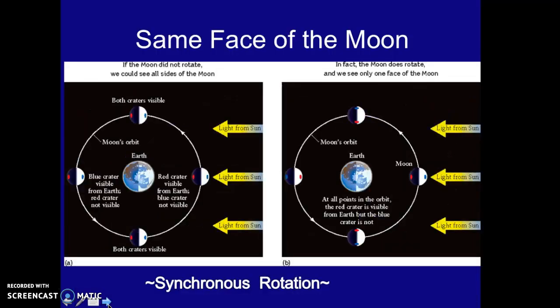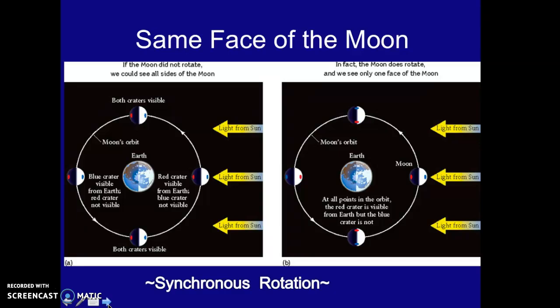So the moon always keeps the same face towards us. And this is a result of what's called synchronous rotation. Look at the image on the left. This is if the moon did not rotate on its axis. Imagine you have a crater, this red crater that's visible from the Earth, and a blue crater visible from the sun. If the moon did not rotate, as the moon orbited around, we would be able to see both craters throughout the lunar phases.